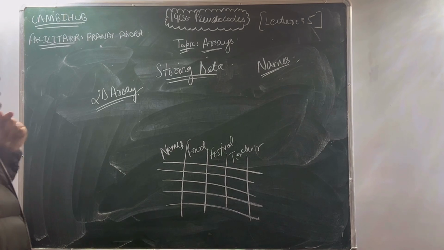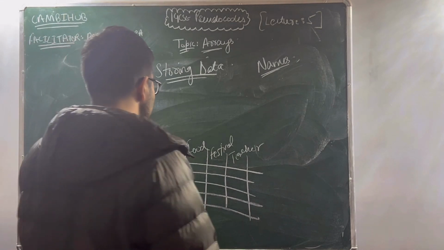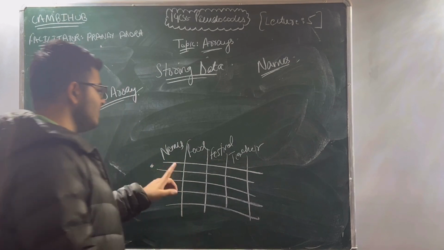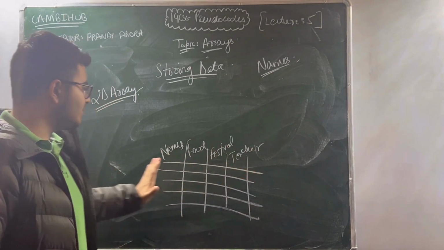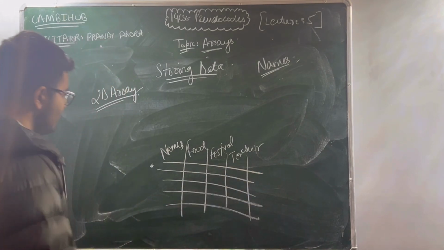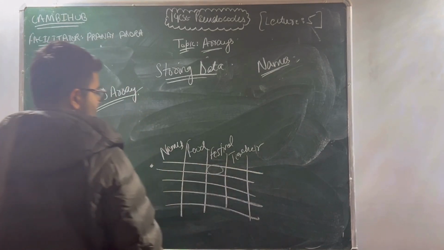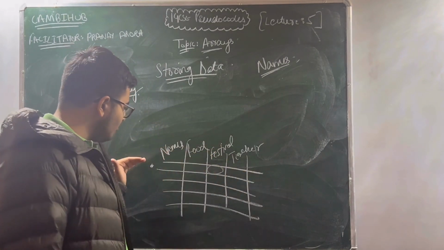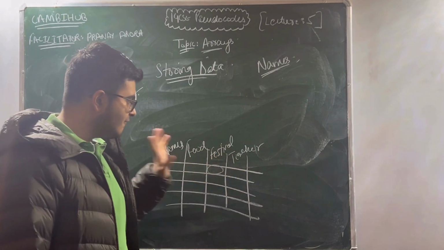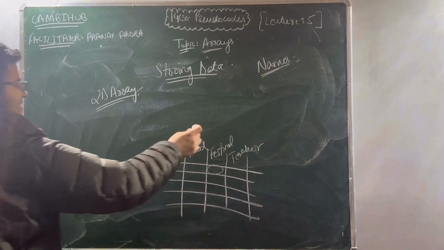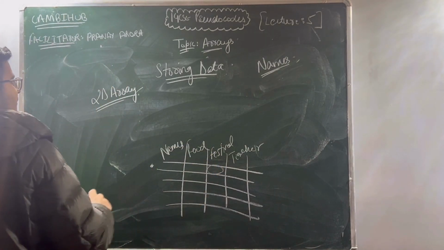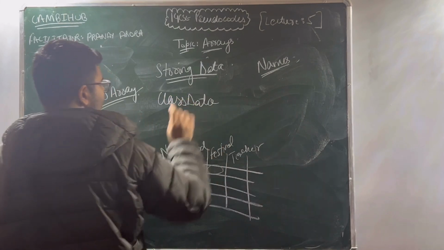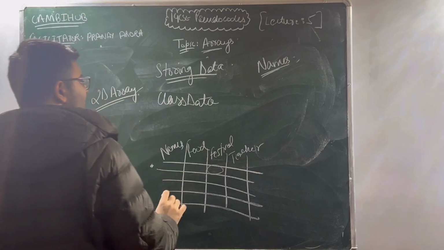Suppose I have to store the data of the first person in the first row. Suppose I want to store festivals data: what festival this first person likes, which festival is their favorite. How would I store it? I would write the array's name, which is class data, then row comma column.